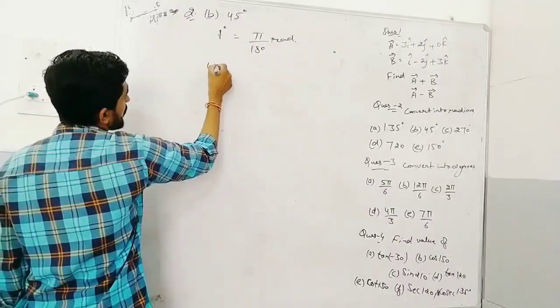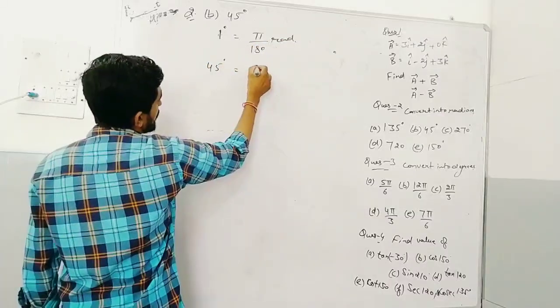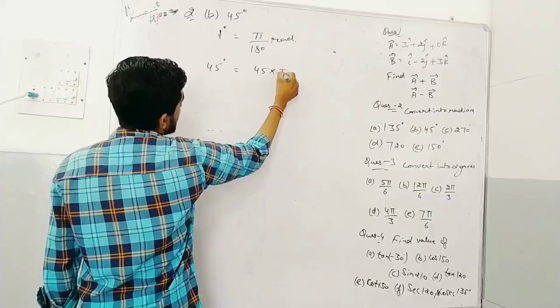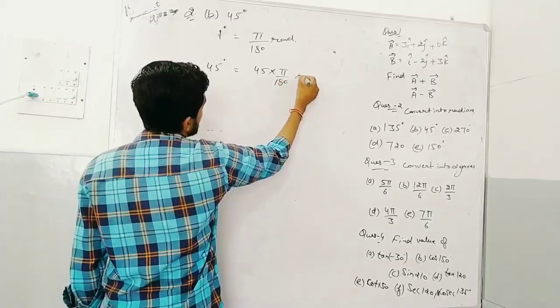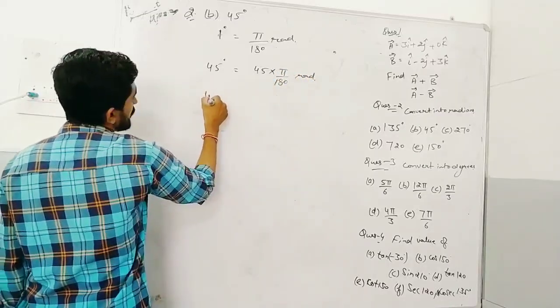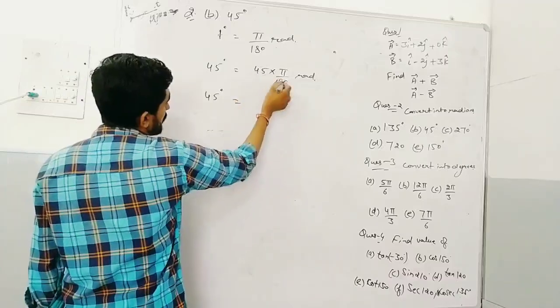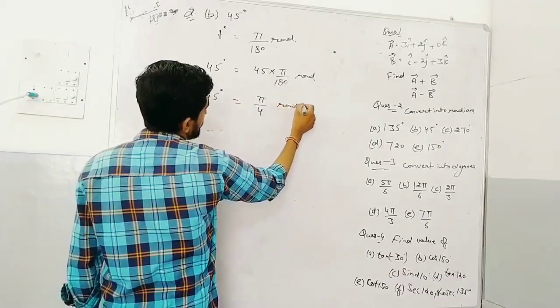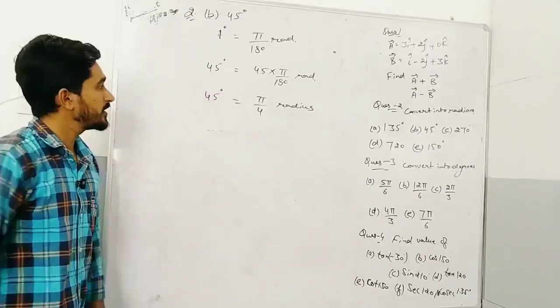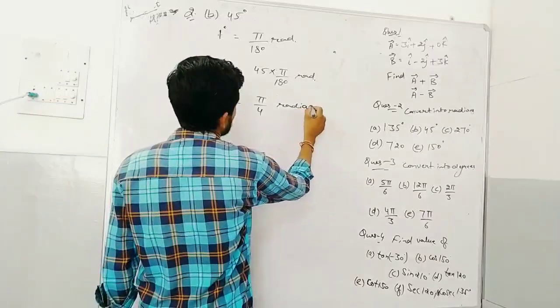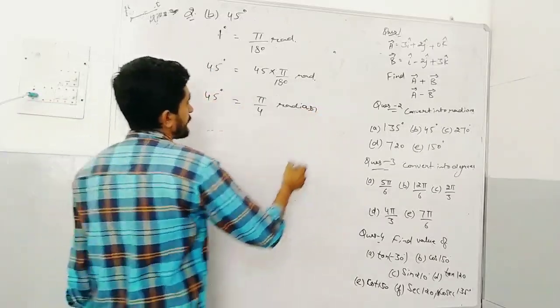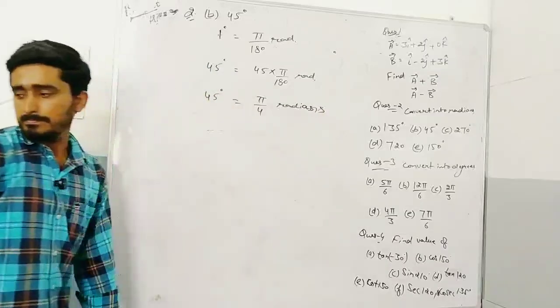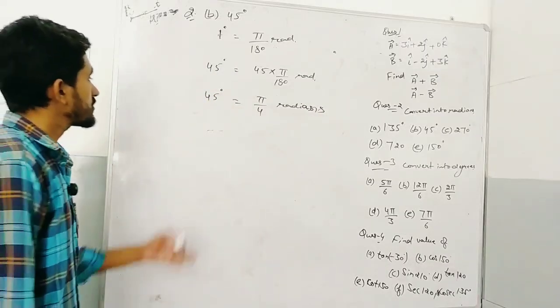Then multiply both sides with 45. 45 into pi upon 180 radians, which gives 45 degrees is equal to, cut it down on 4, pi upon 4 radians. This is the B part.